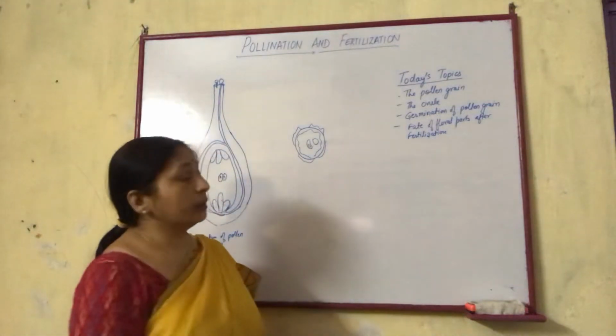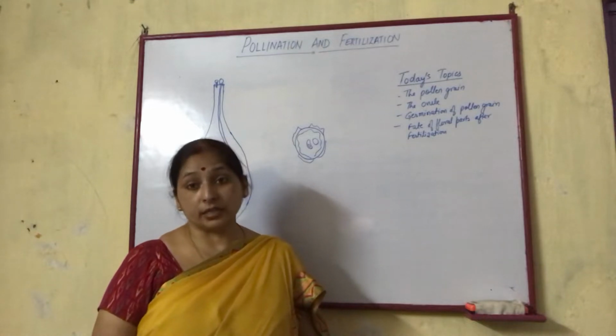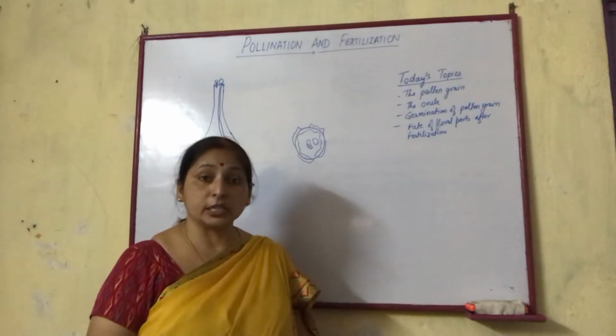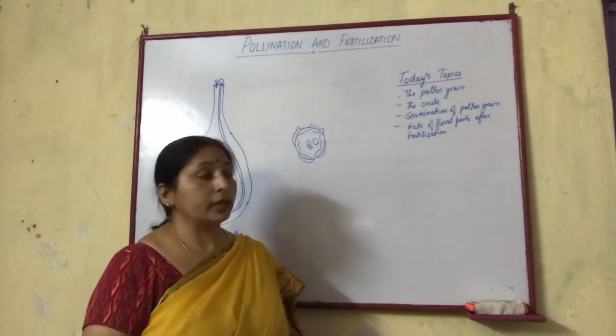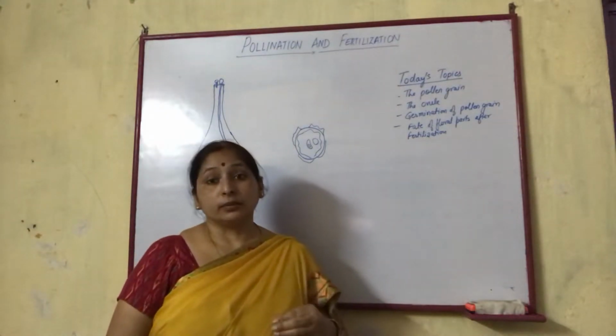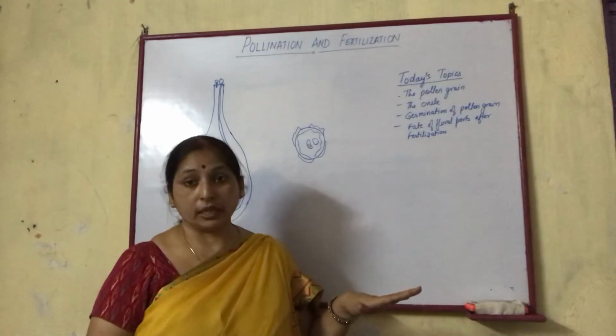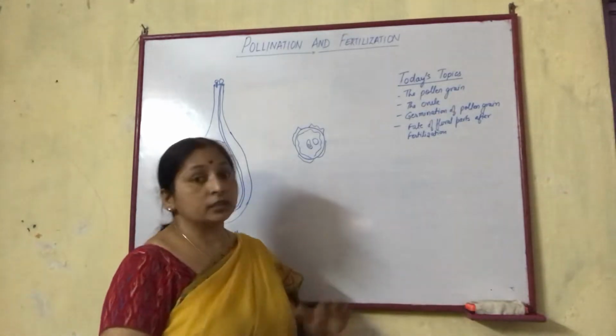Today we will discuss fertilization and the events involved in the process of fertilization, which is the major topic because all these structures were a part of the path for fertilization.